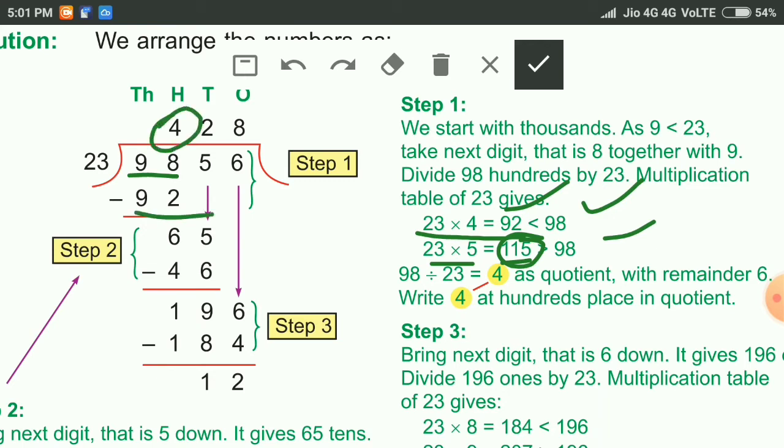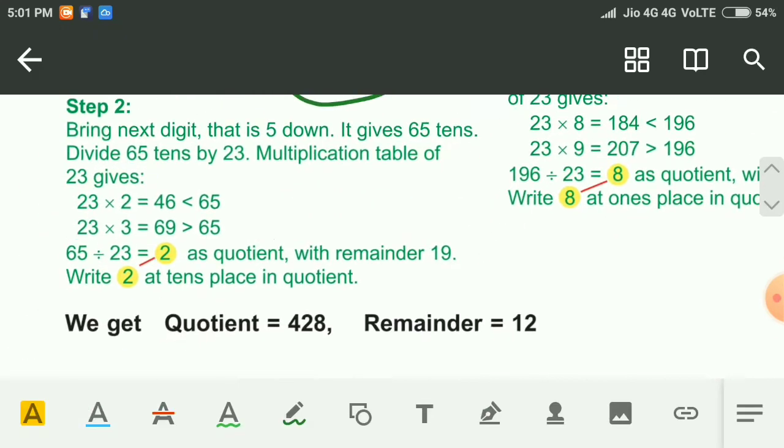We again minus this, we get 6 and we write here 65. Again we see 23 2s are 46. We again minus this, we get 19 and we write this 6 here. Then 23 8s are 184 and we get 12 as remainder.